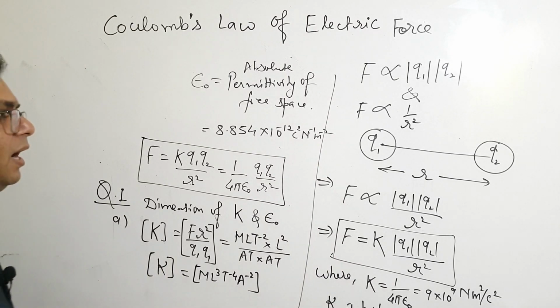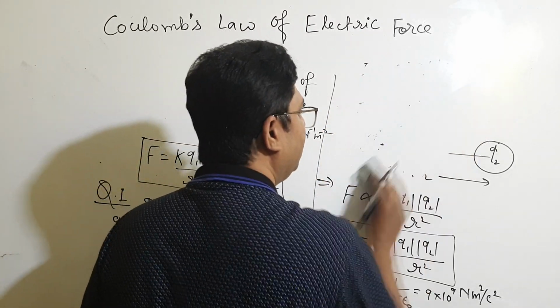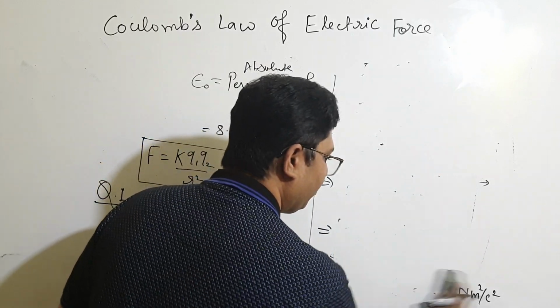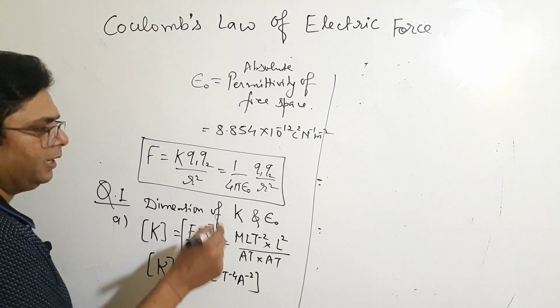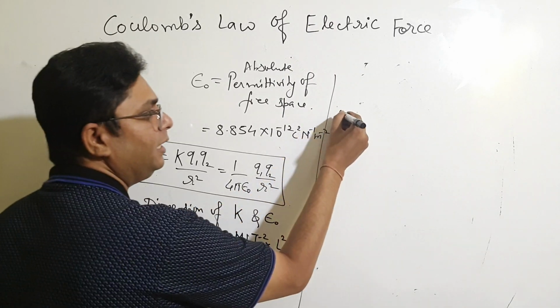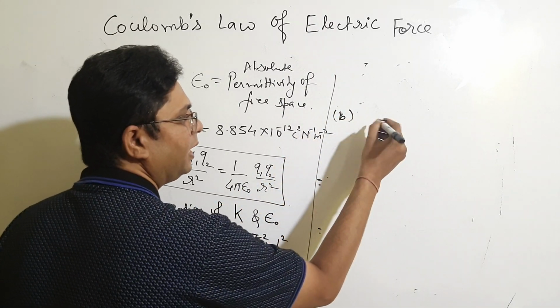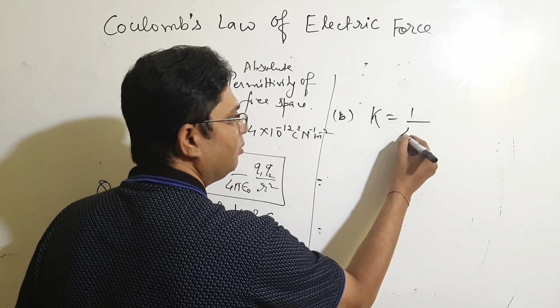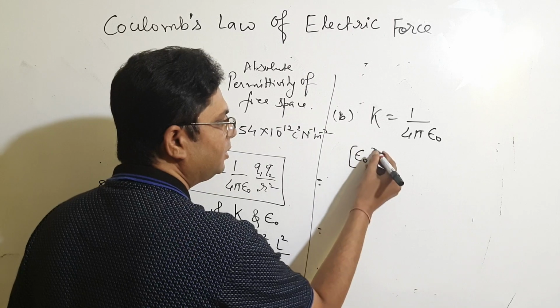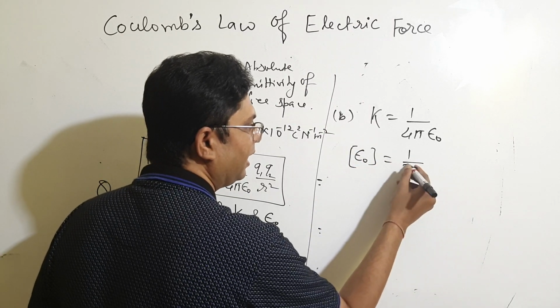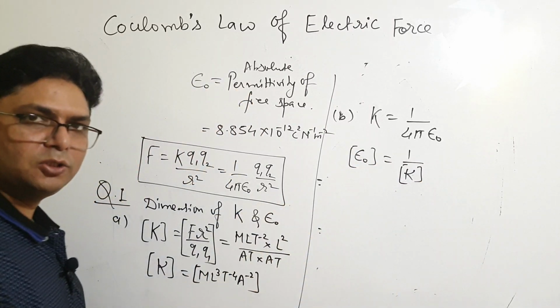Part B, you have to find the dimension for epsilon naught. You know that K equals 1 by 4 pi epsilon naught. So epsilon naught dimension is equal to 1 by K dimension, because 4 pi is constant.